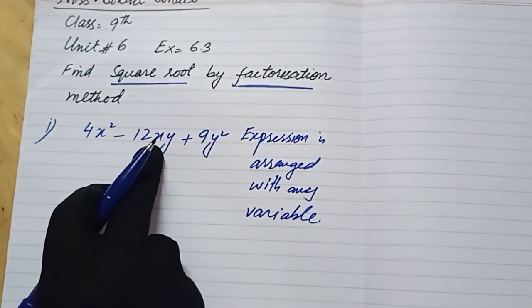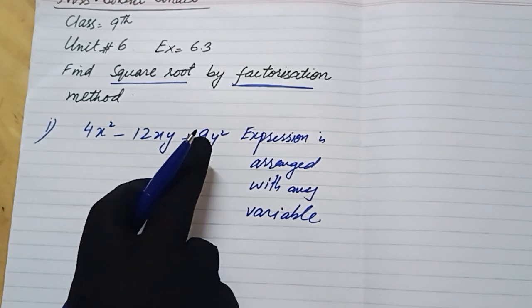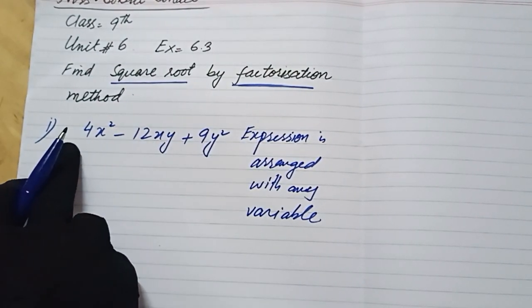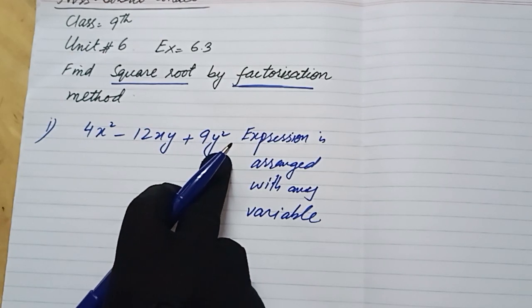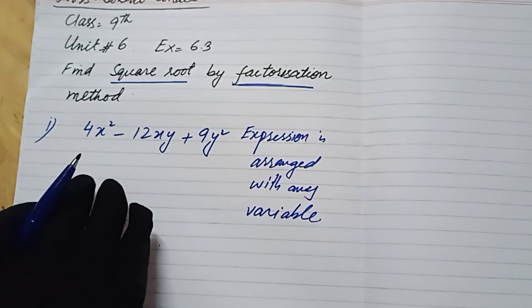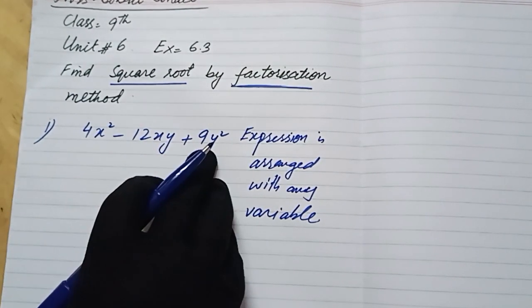Like x square power, x1 power, and then x is absent from here. It means x power is 0. So it is arranged with respect to the variable x. If you check, automatically it is arranged with the variable y also, that is y0, y1, y2.